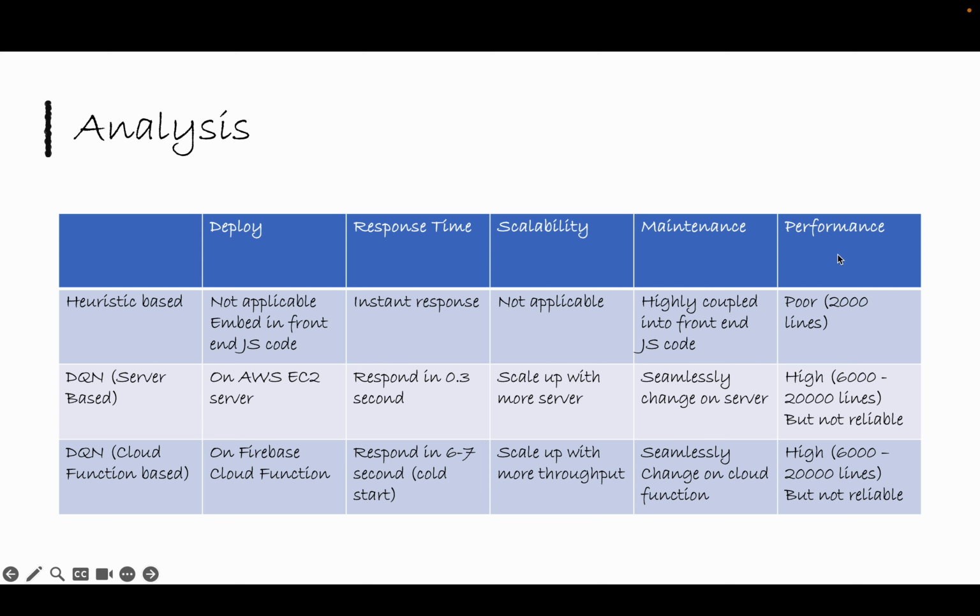As for the performance, I think all three have relatively good performance, but compared with DQN, heuristic-based is a little bit worse. But I think that's totally enough to beat a non-player.